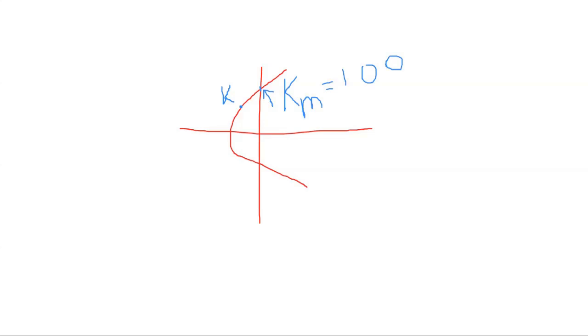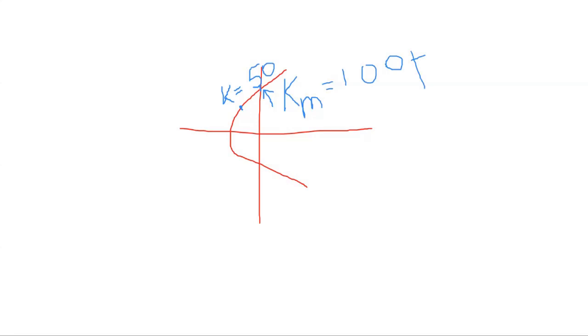And at this particular point, which can be taken anywhere, I'm taking it randomly. Suppose at this point the value of K is 50. Now what is the margin in gain that can be added to the system till it becomes unstable? We have 100 minus 50 equal to 50, right? So when K is greater than 100, the system becomes unstable.